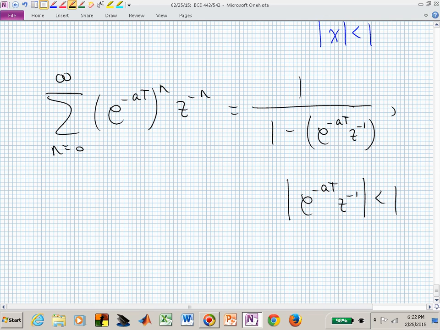And now we can multiply by 1 on the right-hand side, where my 1 is z over z.